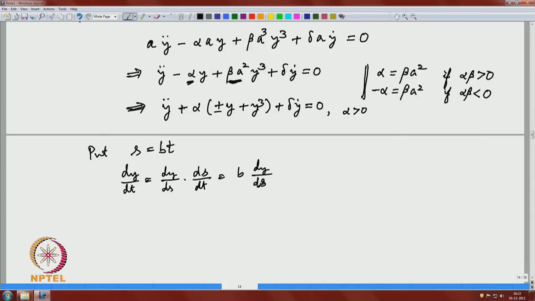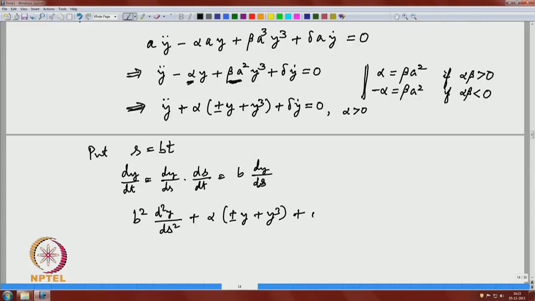Okay. So, these are scalings. I am scaling the time variable and I am scaling the unknown function x. Okay. So, if you do this thing again what you get is b square d square y by ds square plus alpha plus or minus y cube. There is no derivative here, so that will remain the same.